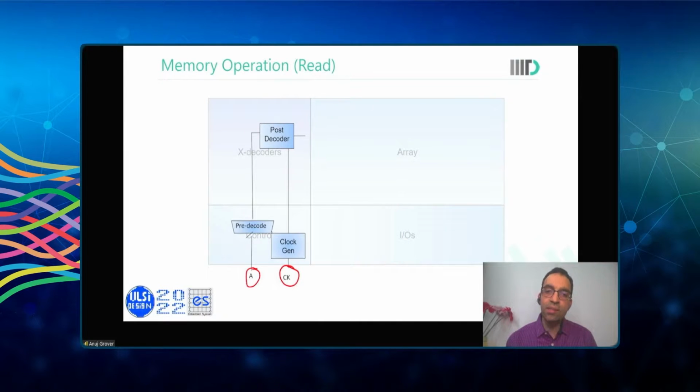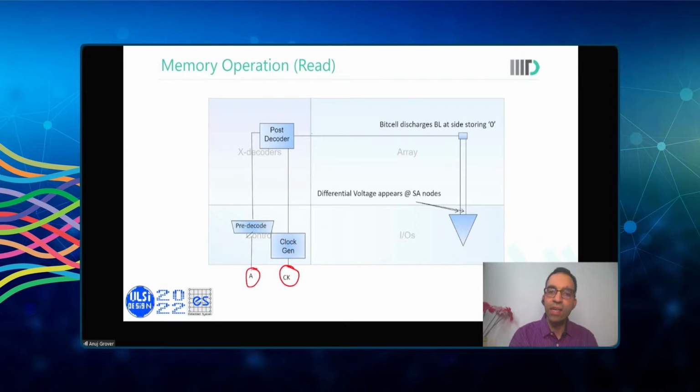Once the clock reaches the post-decoder region, we generate what is called a word line. The word line selects memory cells, and I'm showing a differential memory cell over here. When the memory cell is selected, the bit lines, these pairs of bit lines, discharge.